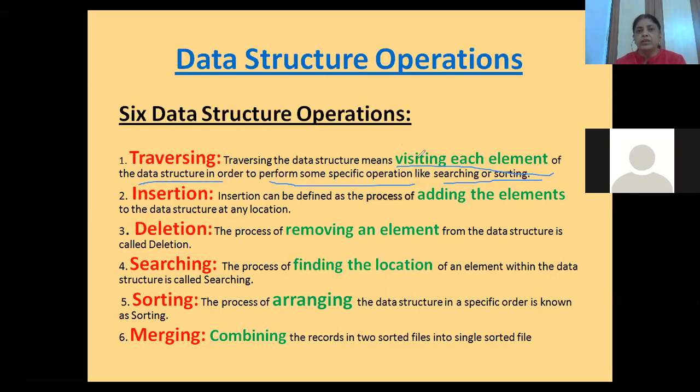So you are visiting each element of the data structure once. When you visit each and every element once, it is called traversing. So we have algorithms based on traversing for array.